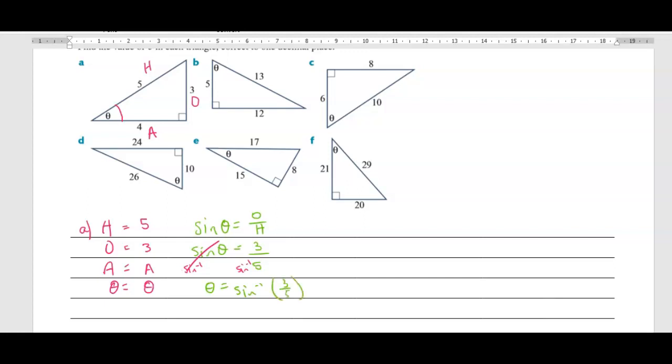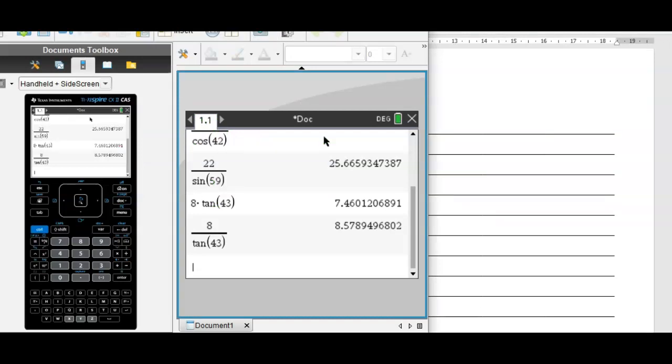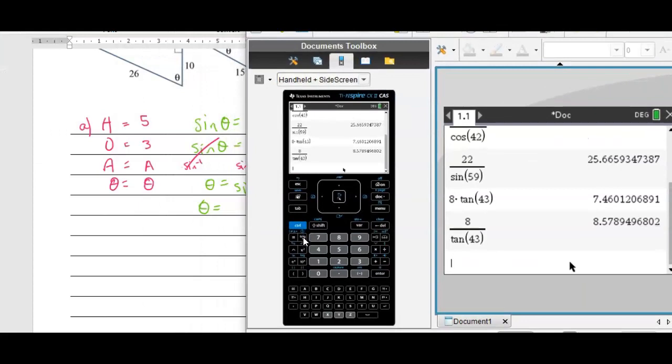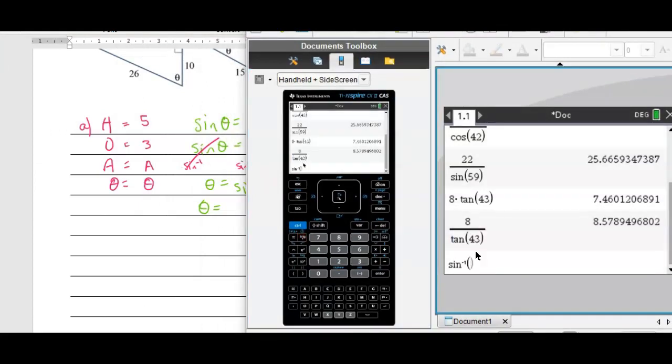When you're finding an angle, you're using inverse sine, inverse cos, or inverse tan. On your calculator, if you're working with the CAS calculator, the button is just here, and we're using sine, 3 over 5.